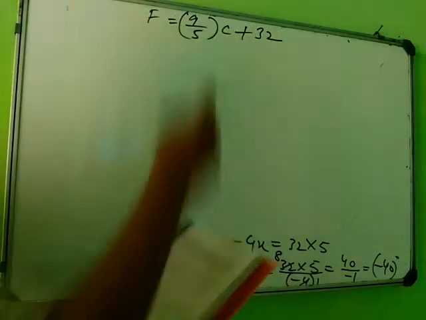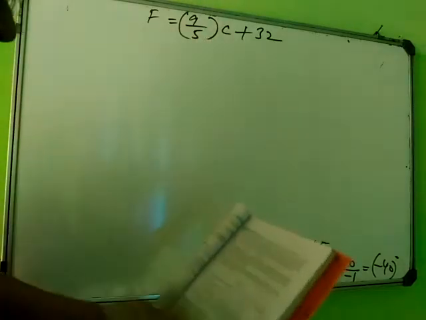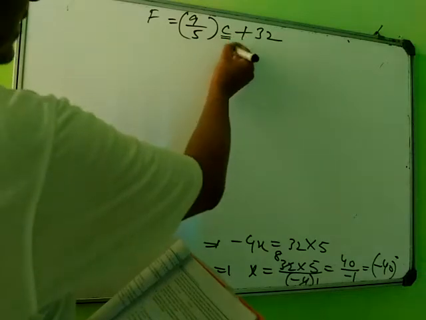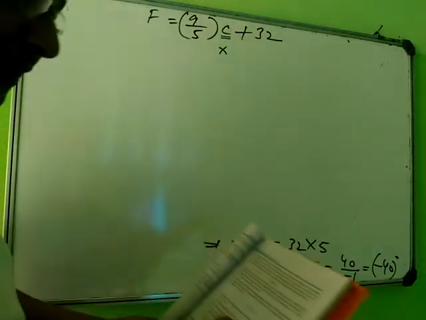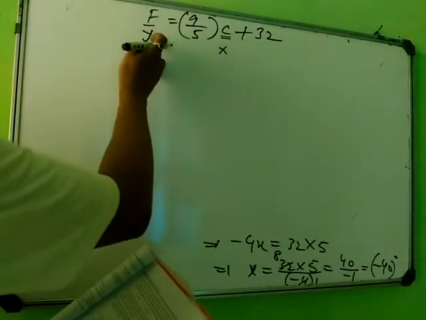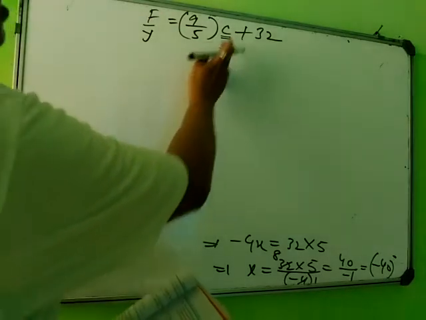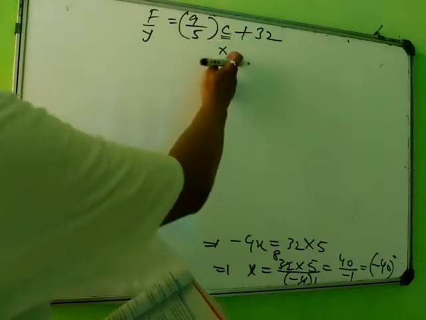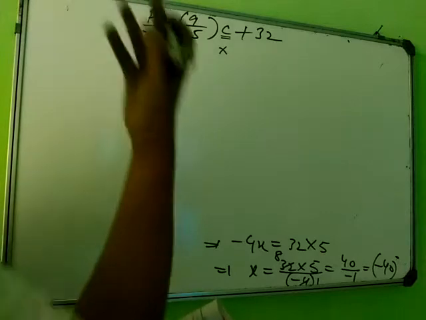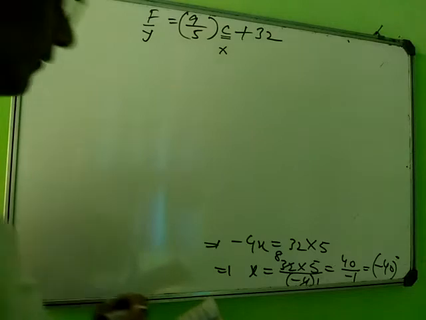Now they have said that you have to draw the graph of this equation, taking Celsius for the x-axis and Fahrenheit for the y-axis. Now C means x and F means y. So now you are going to plot 3 points, and then by joining these points you will get the required graph.